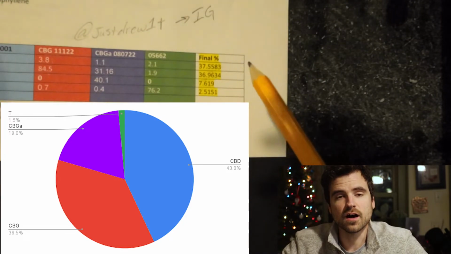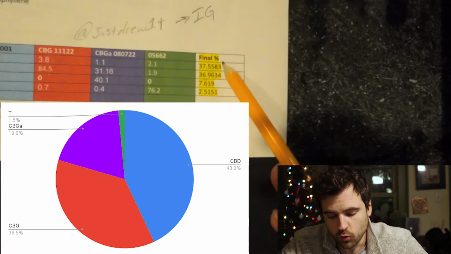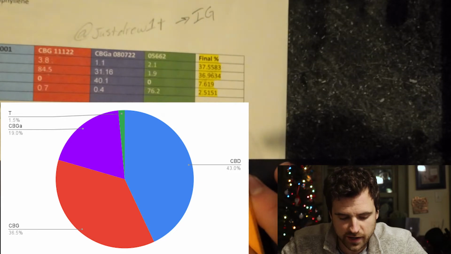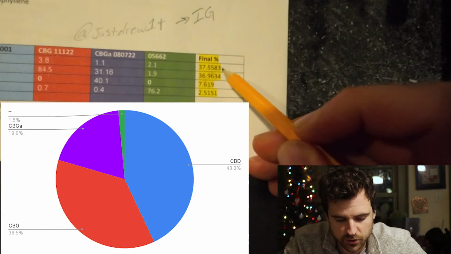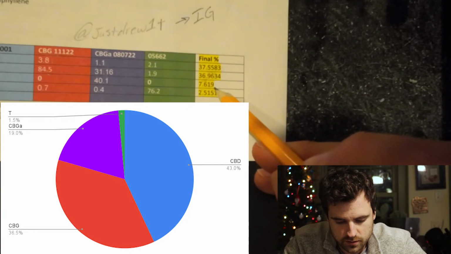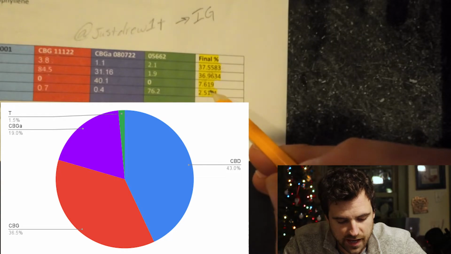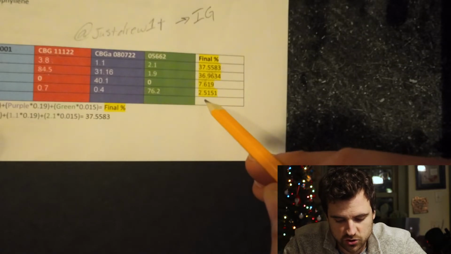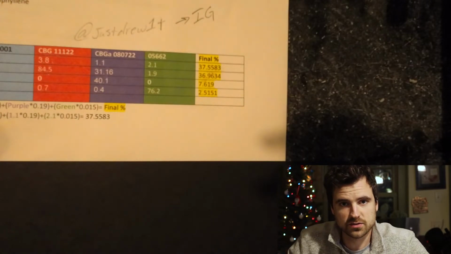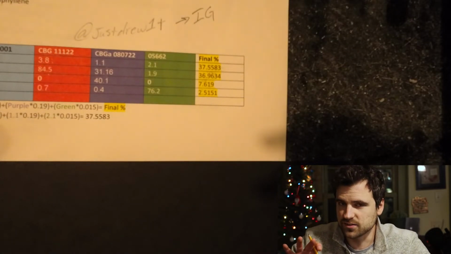I made several adjustments in order to reach this concentration. So the final oil is going to be 37.5% CBD, 36.9% CBG, 7.5% CBGA, and 2.5% THC. The rest is kind of like a zero space.